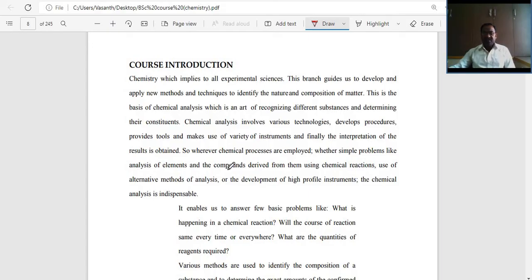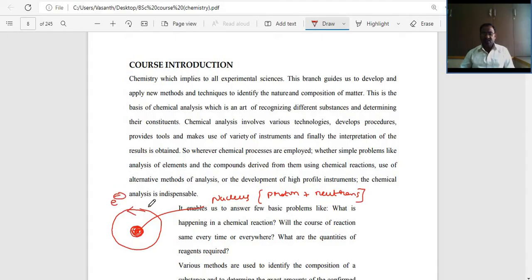We consider the structure of these atoms. It is spherical in shape. At the center is the nucleus. The nucleus consists of protons plus neutrons. In the outermost valence shell, electrons are revolving.